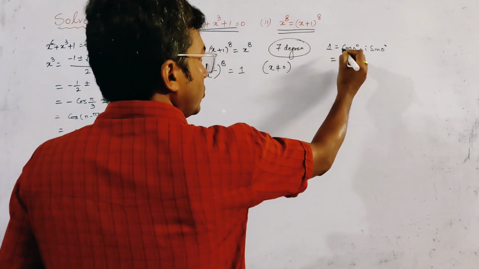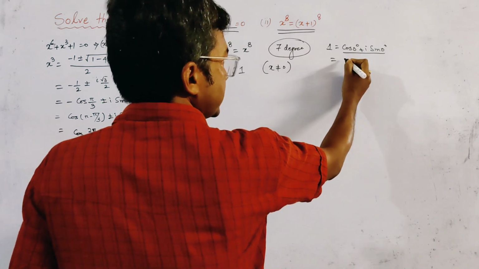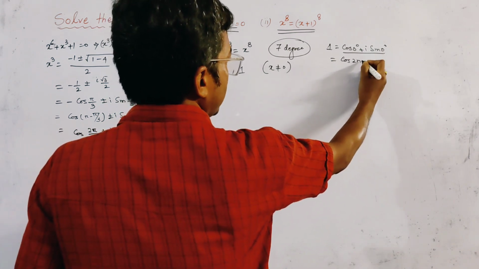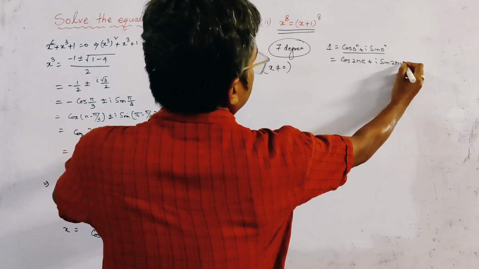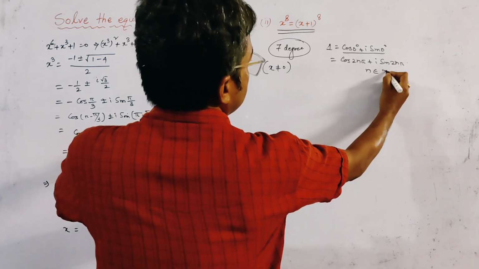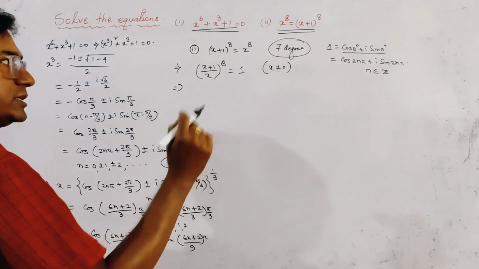and the general value of this complex number is cos 2nπ + i sin 2nπ, where n belongs to Z, the set of integers.